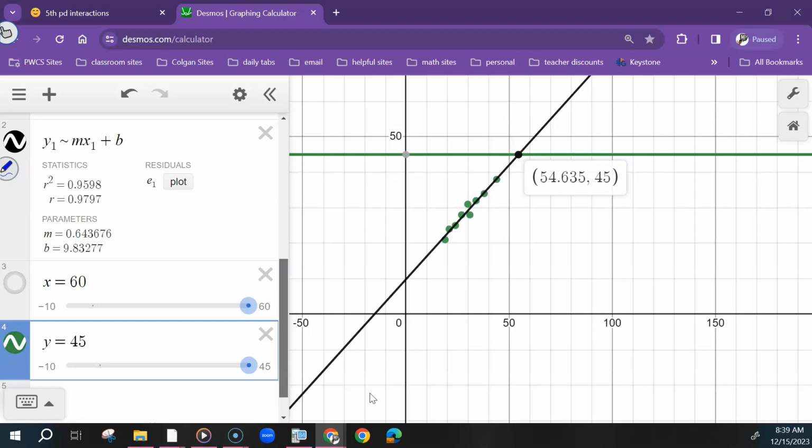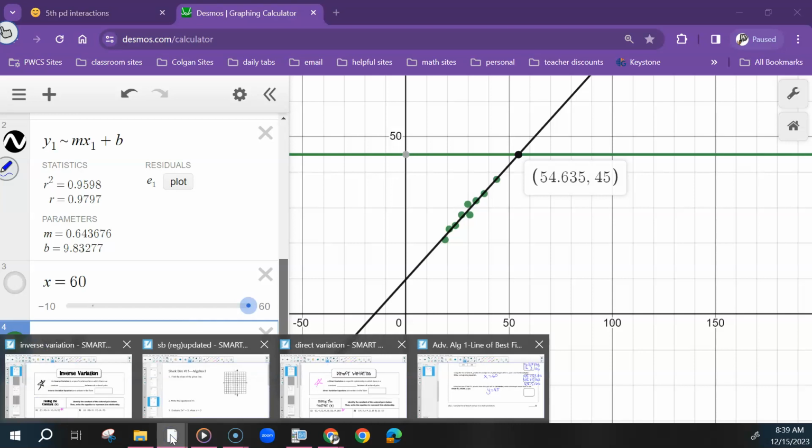And I accepted 4 different answers for that one. 54.635 would be exactly at 45, and it said more than 45, but I still accepted that one. 54.63 would be a little over 45, and I would accept that. 54.6 would also be a little over 45, and I would accept that. Or if you rounded this to 55. But any more rounding than that was too much rounding.